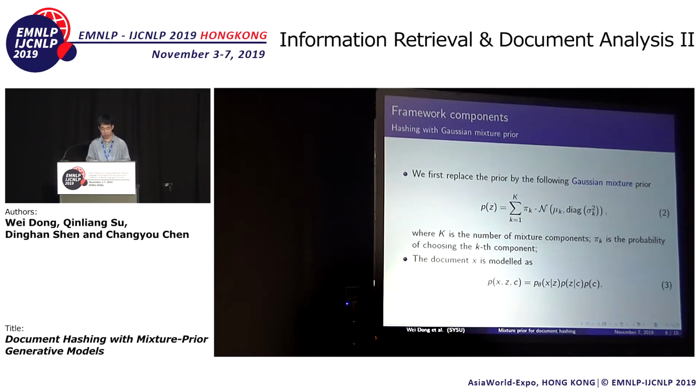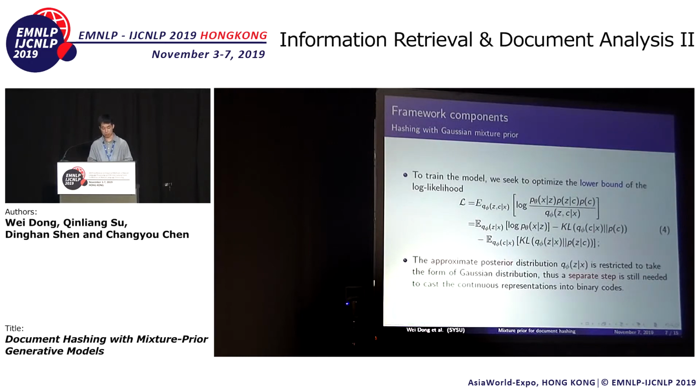Thus, the document X is modeled as P(X, Z, C), which is equal to P_theta(X|Z) times P(Z|C) times P(C). Here, P(Z|C) is subject to a Gaussian distribution, and P(C) is subject to a categorical distribution. We call this model GMSH.